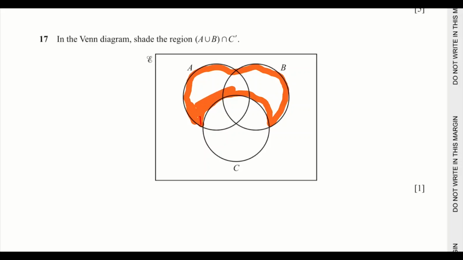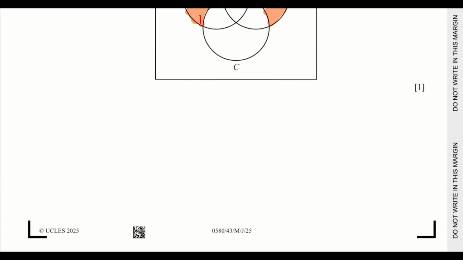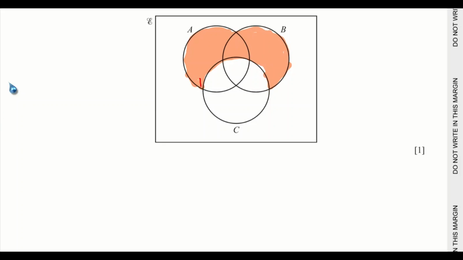Now I can complete it by shading this. So this is the area you have to shade. I think that is the end of that question.